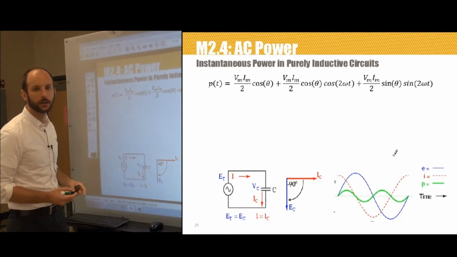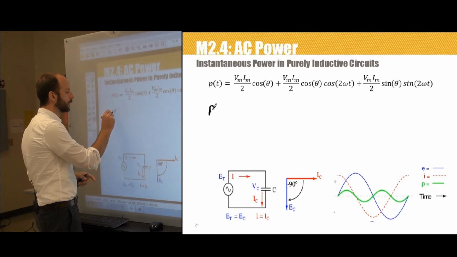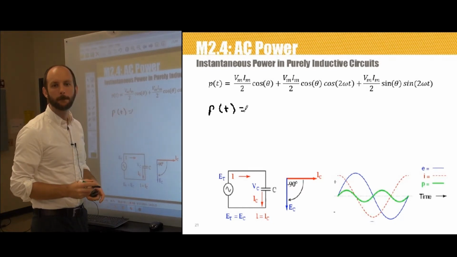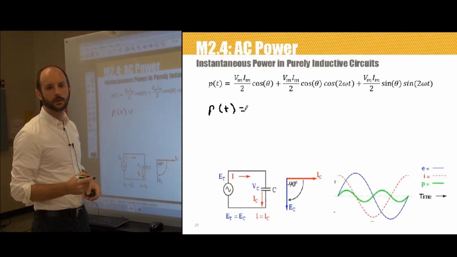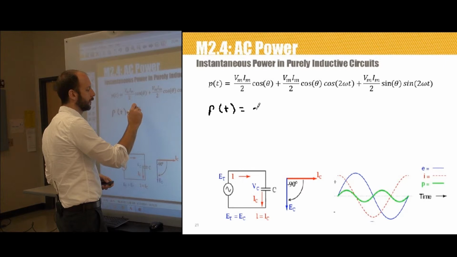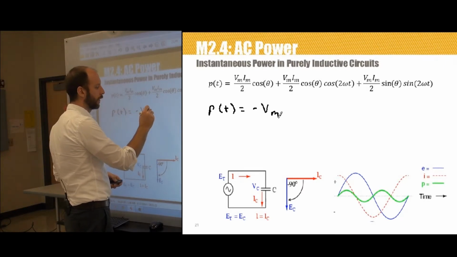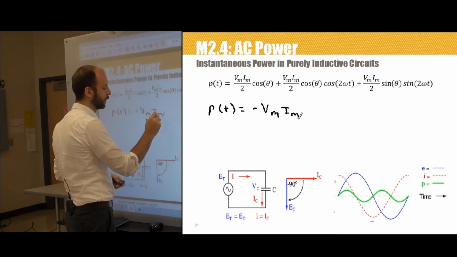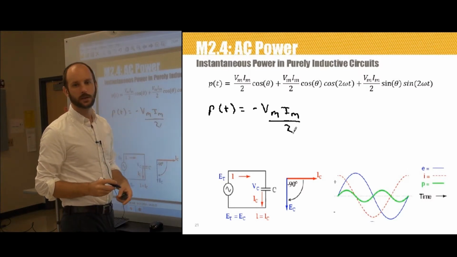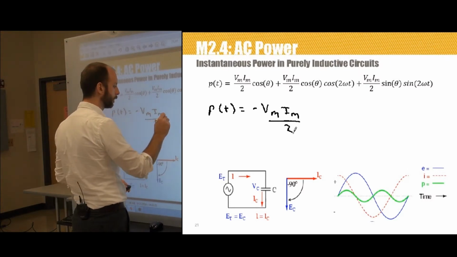So this whole thing is going to reduce to P of t for a purely capacitive circuit is just equal to minus Vmax Imax over 2 sine of 2 omega t.